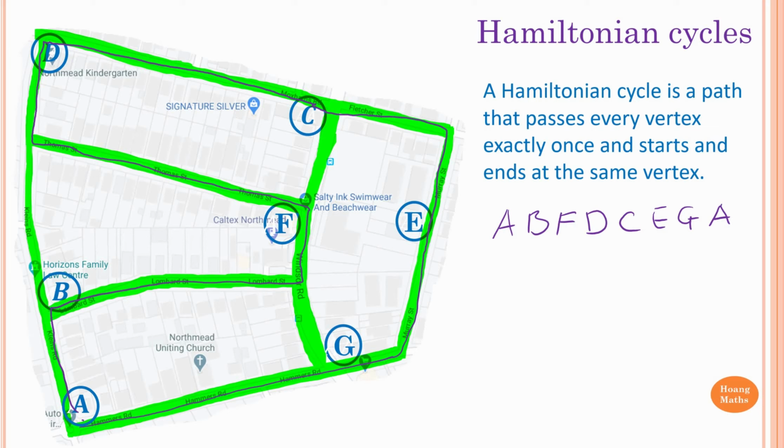So the path is I, G, E, C, D, and then F, B, and then I. These are Hamiltonian cycles.